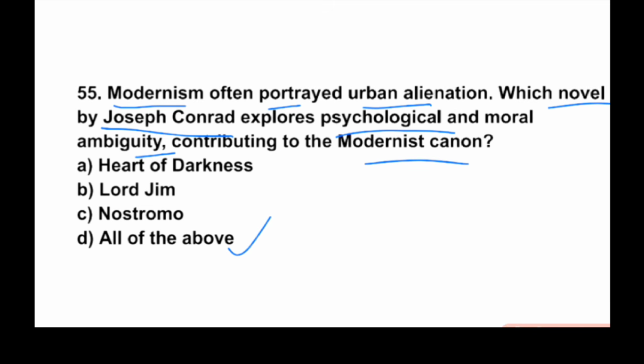Heart of Darkness 1899, Lord Jim 1900, and Nostromo 1904. तो ये तो उसमें भी आ सकता है, क्रोनोलॉजिकल में भी. Darkness पहले आया, फिर Lord Jim, फिर Nostromo. Use complex narrative to explore the human psyche.